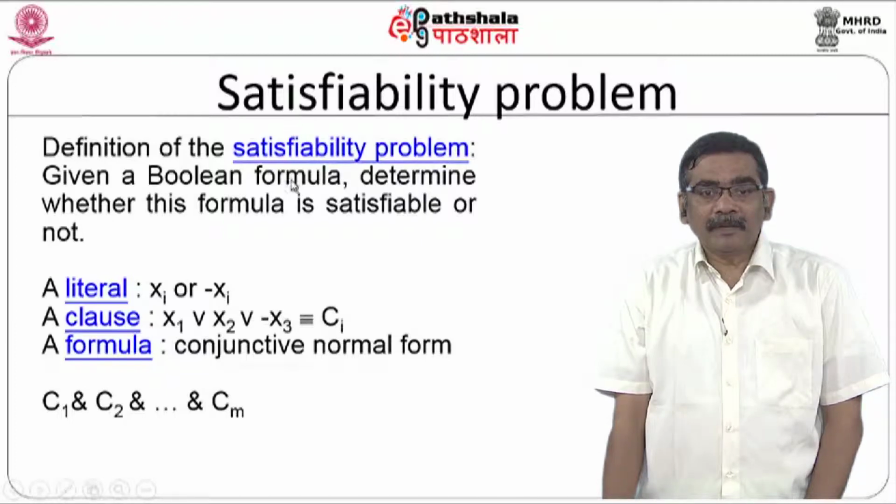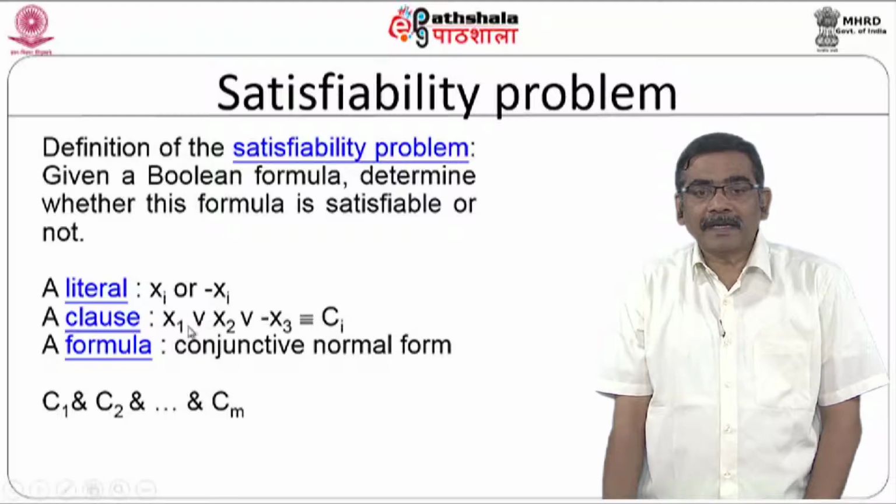A Boolean formula has lots of literals, clauses and the formula. A literal is a variable or its negation, like x1 or not x1. We can combine lots of literals to create a clause, and we can combine lots of clauses to form a formula.